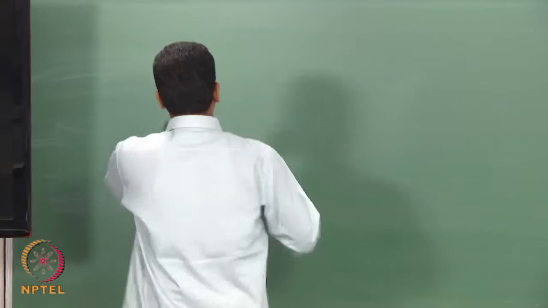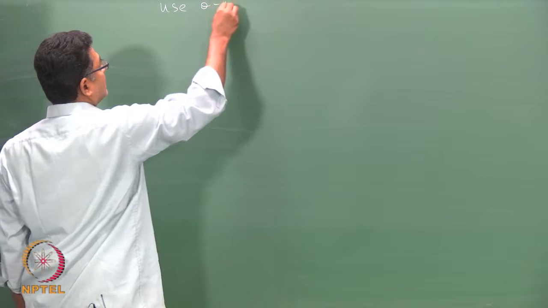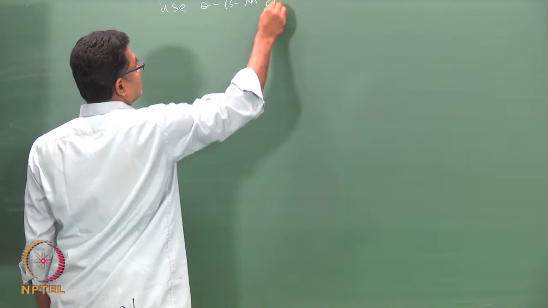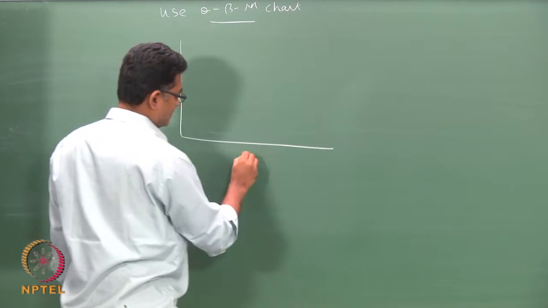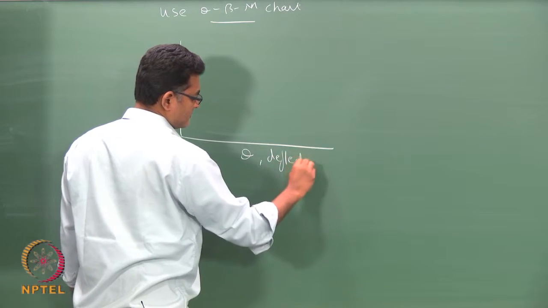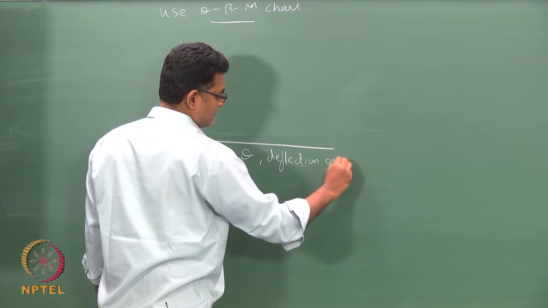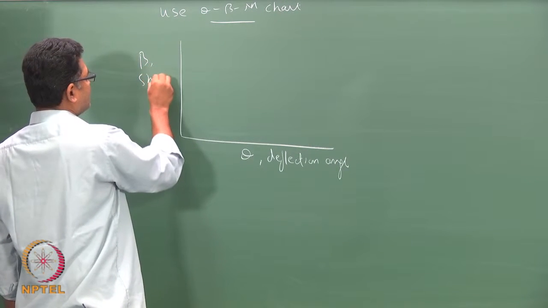Okay. So, we are going to discuss today some problems in oblique shock using the theta-beta-M chart, which is essentially your theta, the deflection angle, and beta, the shock angle.